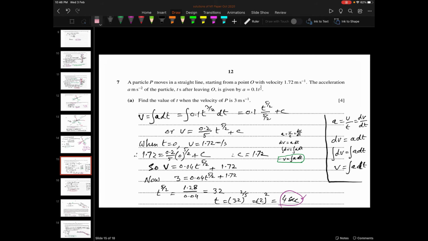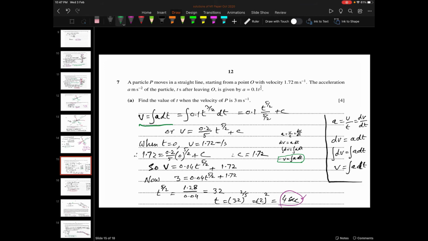Now the formula for the velocity in terms of a is v is equal to integral of a dt. Now substitute the value of a on the right side. In place of a, we have v is equal to integration of 0.1 multiplied by t raised to 3 upon 2 dt.